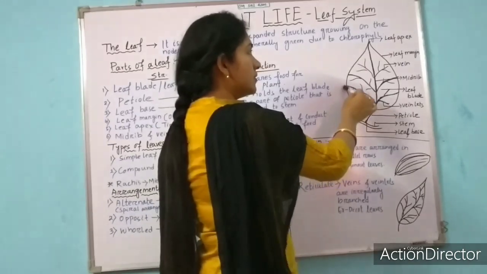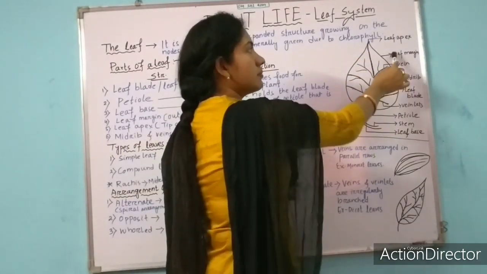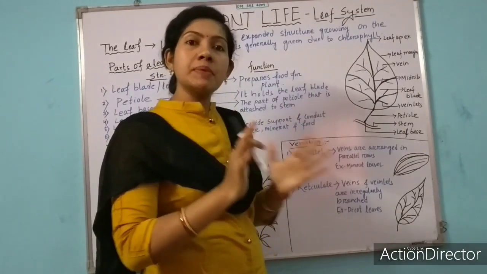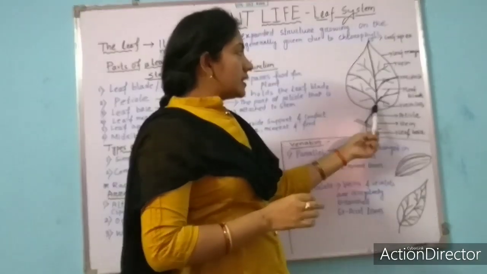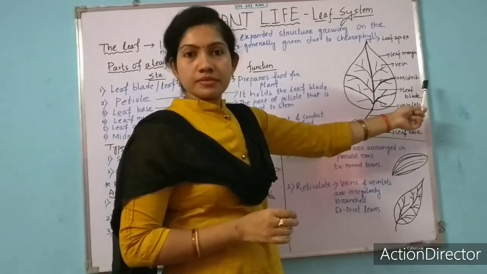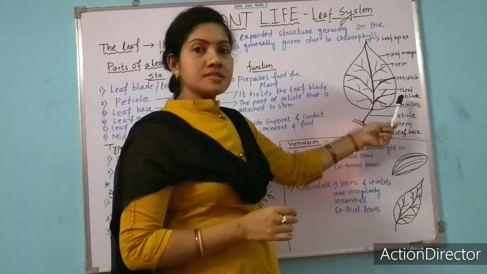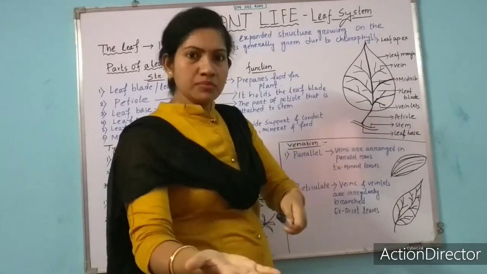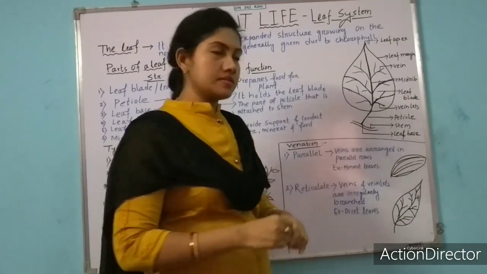The margin of the leaf blade we call the leaf margin. The tip of the leaf blade we call the leaf apex. The middle vein we call the midrib. The lateral or side veins we call veins, and from the veins come the veinlets.